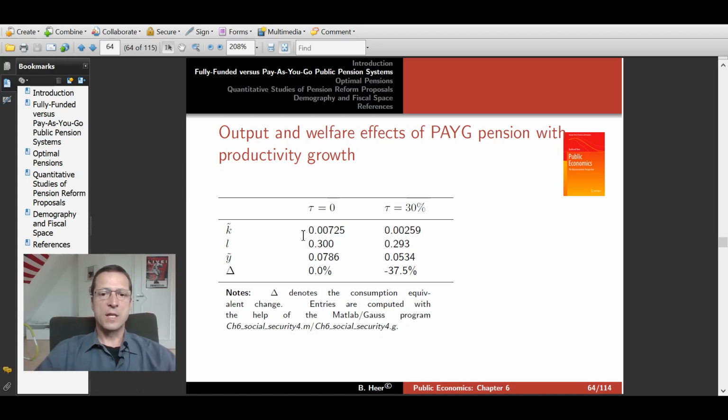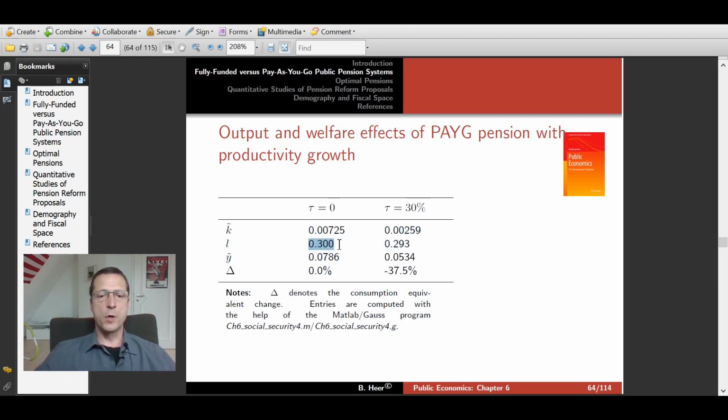So on the left-hand side, here in the first entry column, we have the case that social security contributions are 0. So we study the case without pensions as our benchmark case. In this case, we calibrate nu0 so that the labor supply is equal to 0.300.